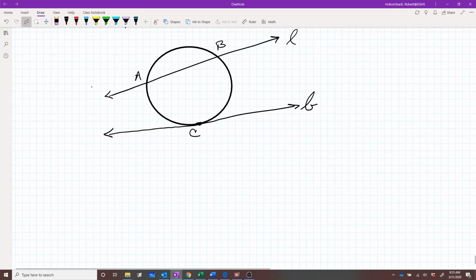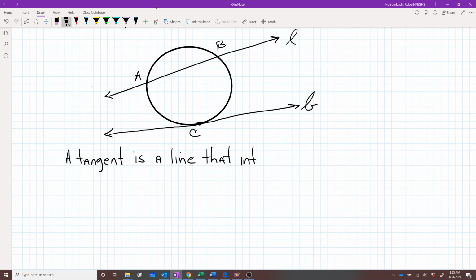So a tangent is a line that intersects a circle in exactly one place.